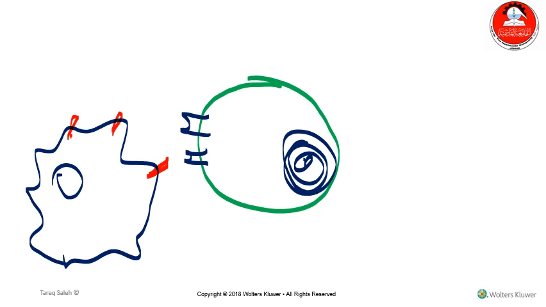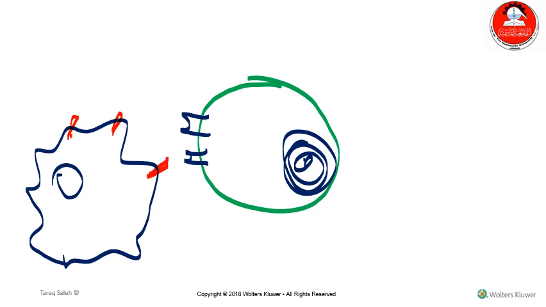Once the T cell recognizes the antigens presented on macrophages and dendritic cells, these T cells become activated and they can then activate other types of lymphocytes, such as B cells, that are responsible for antibody production.